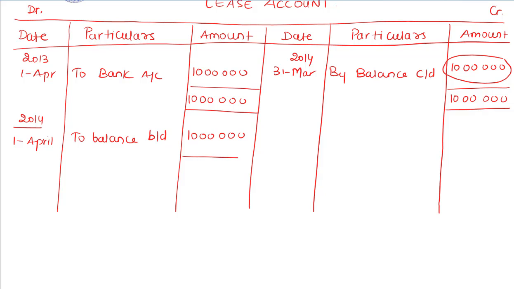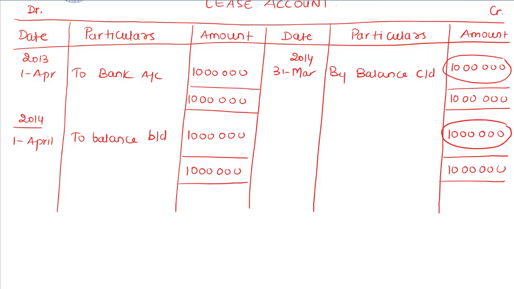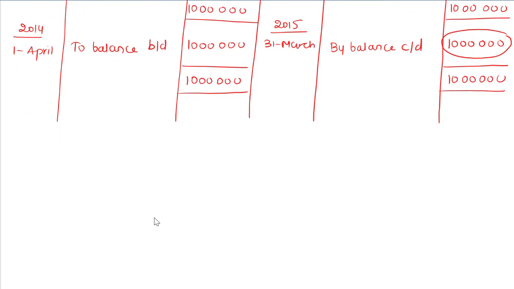This amount will come here, the closing value will be 10 lakhs, and over here on the credit side this 10 lakhs is transferred, 10 lakhs. 31st March 2015, by balance carried down, that is the closing balance will come over here as 10 lakhs.